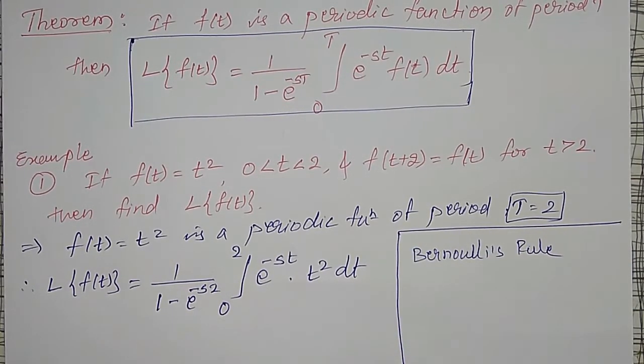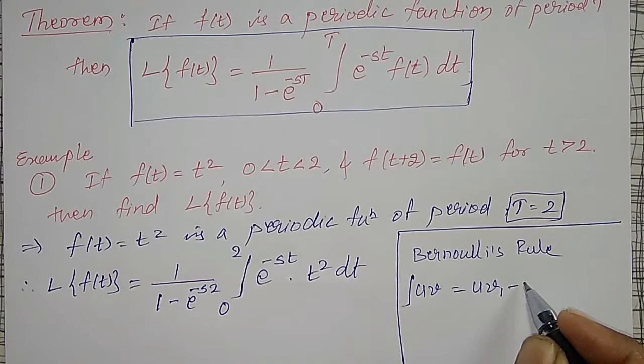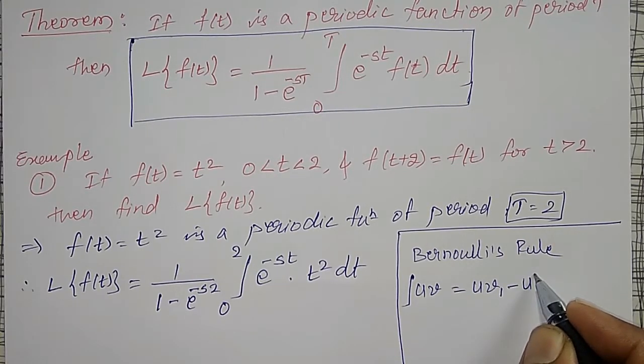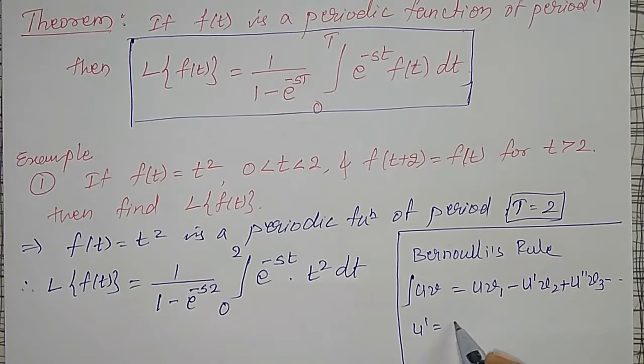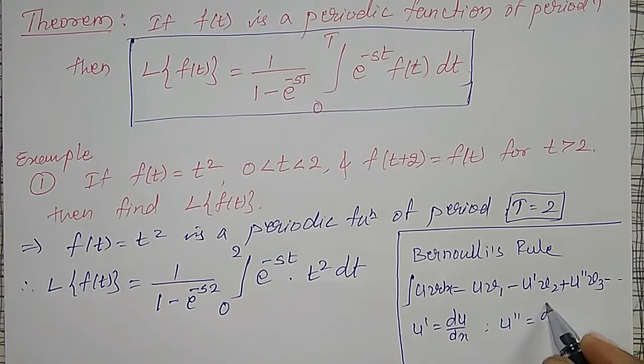That is, integration of u into v, I can write as u into v1 minus u dash into v2 minus u double dash into v3, plus, minus, alternately like that, where u dash is equal to du by dx, u double dash is du dash by dx, and so on.